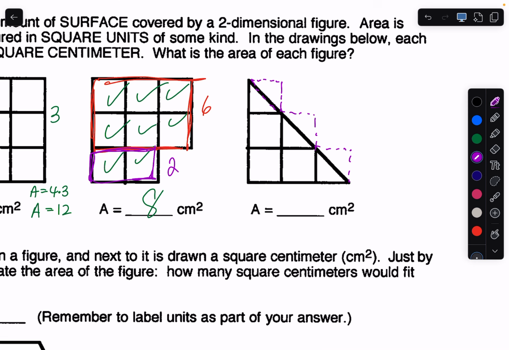So this is a half, this is a half, this is a half, and then these are full squares. So we have 3 full squares, and then 2 halves make a whole, so 1 whole. So if we think about the fact we have 1, 2, 3, and then together that makes 4. So how much do we have? 4 1/2.